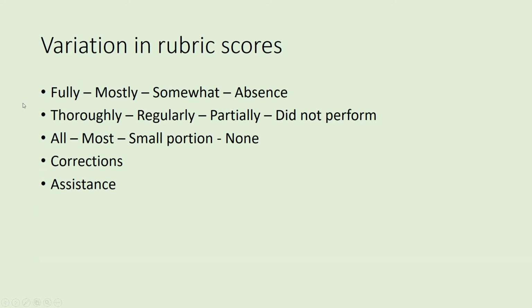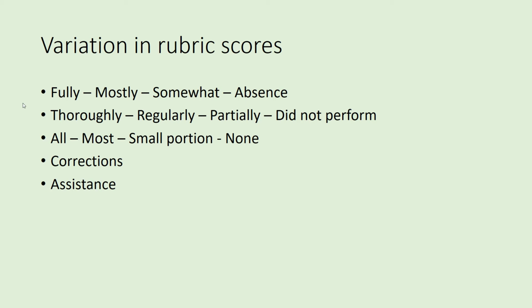There are variations in the rubric scores, and again, we'll go through these with each of the rubrics and category descriptions. But things to look out for are descriptions like fully, mostly, somewhat, or absence; thoroughly, regularly, partially, or did not perform; most, all, maybe a small portion, or even none.